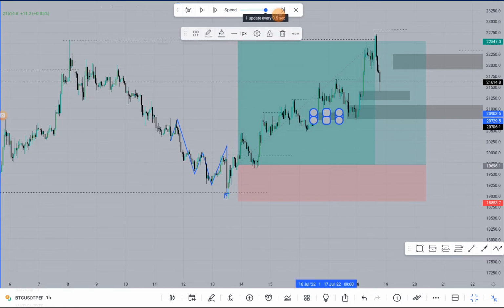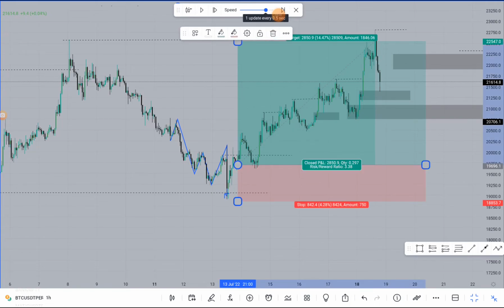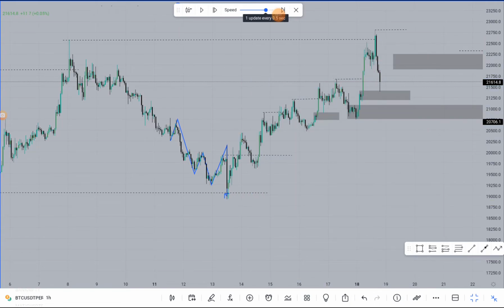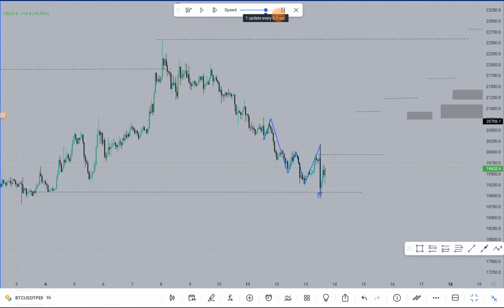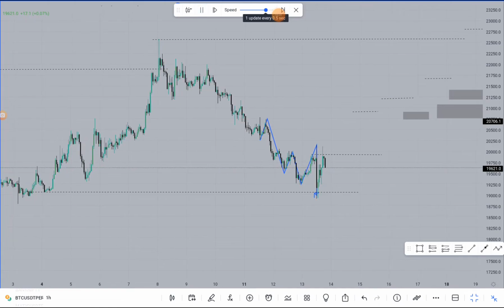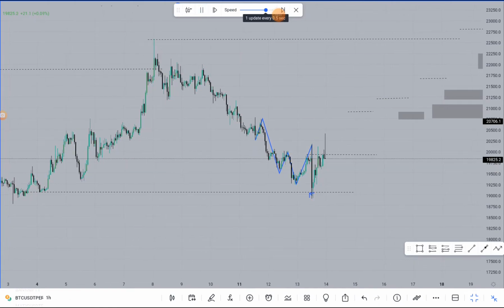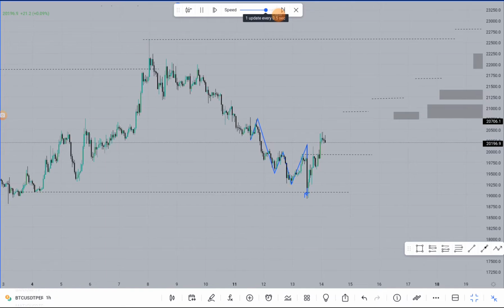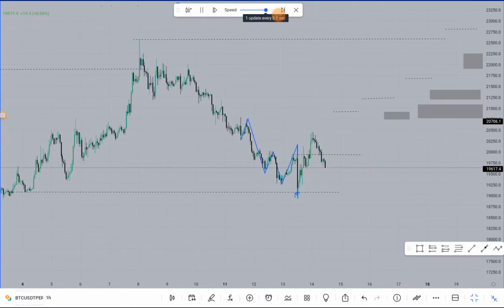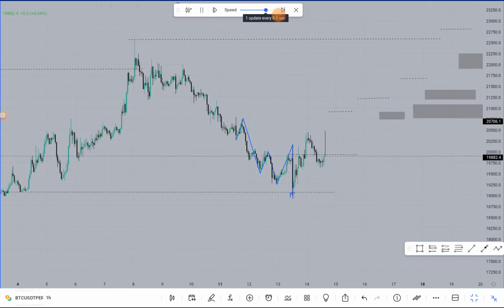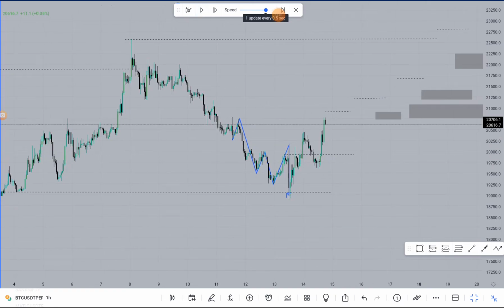Now let's talk about trading with trend lines. To draw a trend line, you need at least two lows.